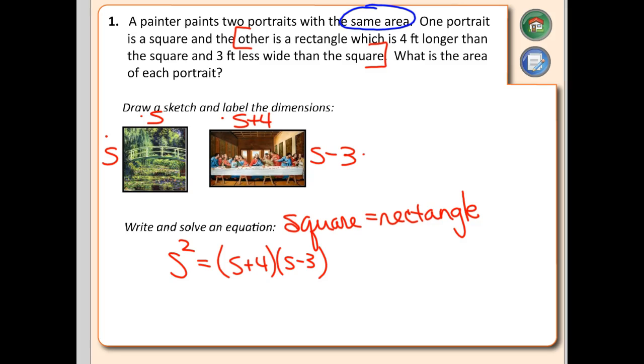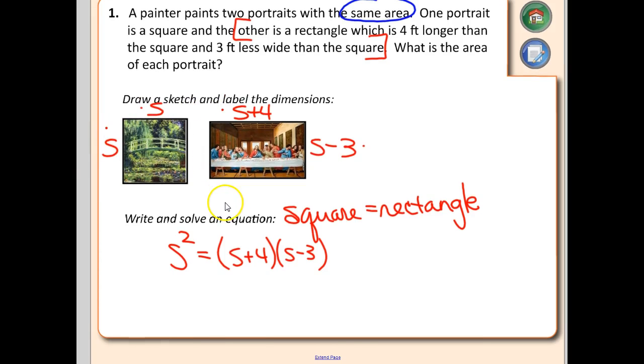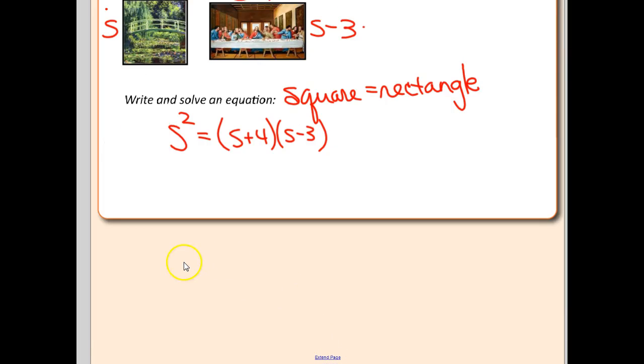Now, here's where we got to stop for a minute and think. You've got to be able to multiply those binomials. A binomial times a binomial. Well, how did we do that? Do you remember? Yeah, we said there were 2 different methods. You could either use the distributive property method or you could use the vertical method. So everybody take a couple minutes and let's multiply out these 2 binomials.